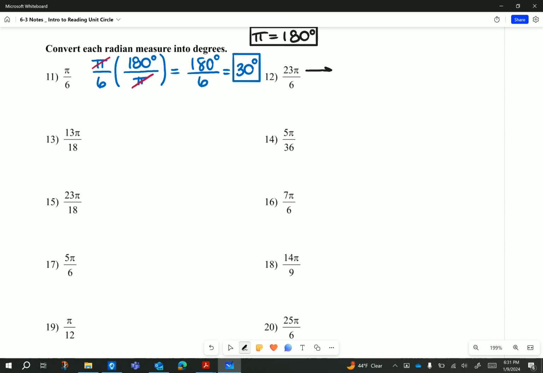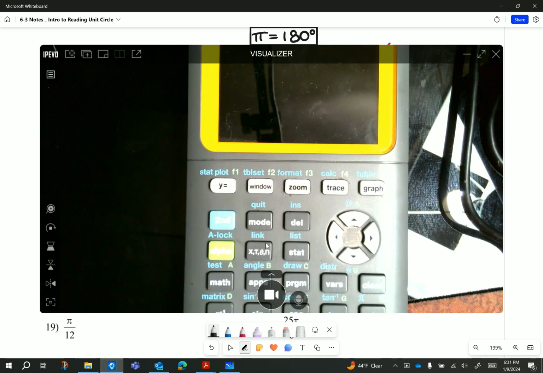So if I take problem number 12, okay, and instead of writing 23 pi, I replace pi with its equivalent value, which in this case in degrees is 180 degrees, some students prefer this method of substitution. So all they did was replace what originally was pi, so this was my pi originally, right? They erase it, so to speak, and substitute it. And then right off the bat, they just type that into the calculator. So on this one, let's switch to our calculator, 23, 180, and 6.